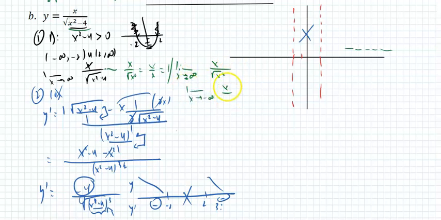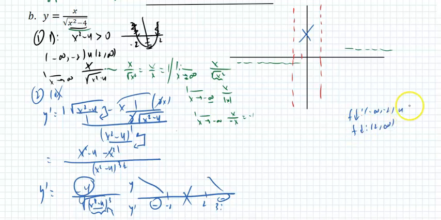Remember, this right here is absolute value of x, right? If x is negative, that's going to be negative x. So that's going to be negative 1. Much better. So, I get that f is decreasing from negative infinity to negative 2, and f is also decreasing from 2 to infinity. Or you can put a union if you want.